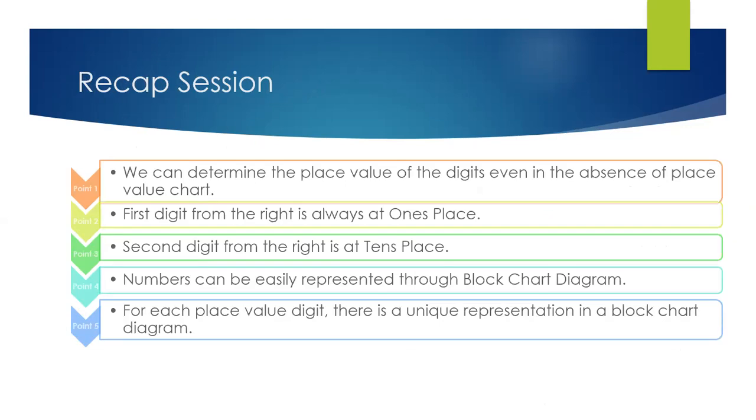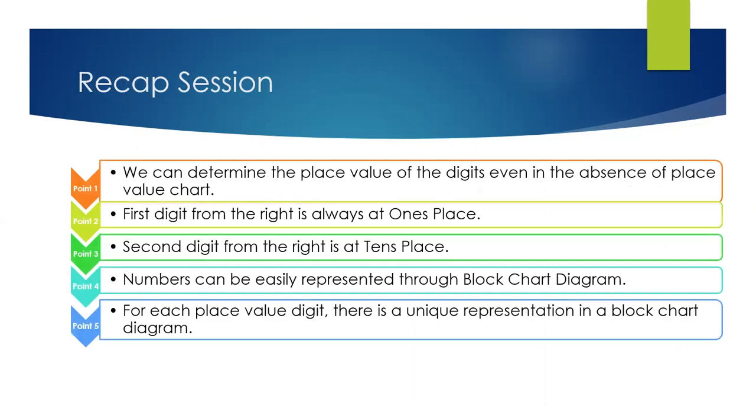Now, here is the recap session. What we have learned in today's lesson is that we can determine the place value of the digits even in the absence of the place value chart. How? The first digit from the right is always at ones place. The second digit from the right is at tens place. Third, we have learned that numbers can easily be represented through block chart diagrams. 100 can be represented by a grid of 100, tens can be represented by a block of tens, and ones can be represented by a cube of ones.